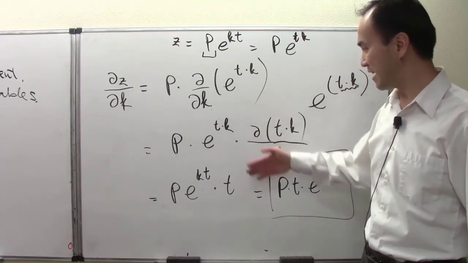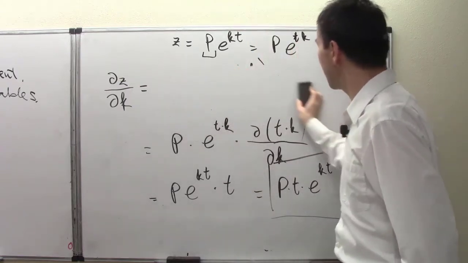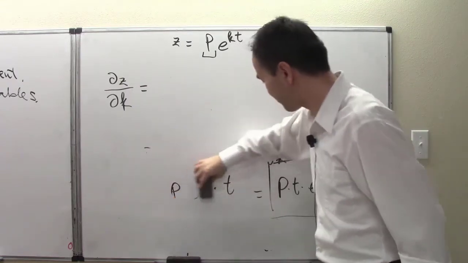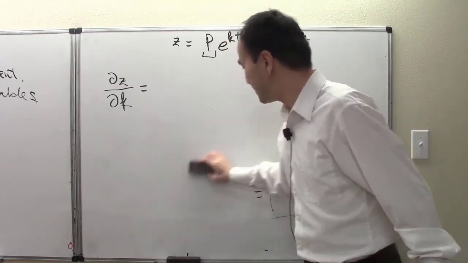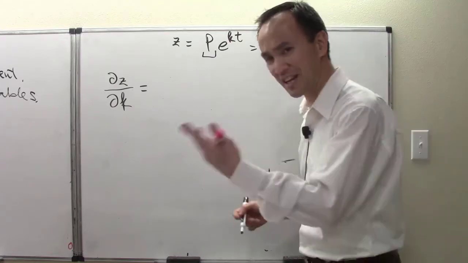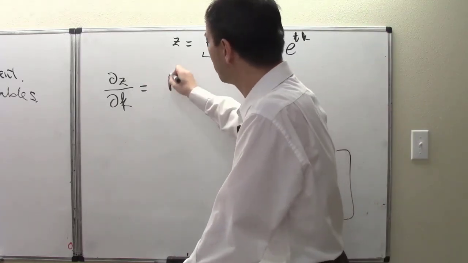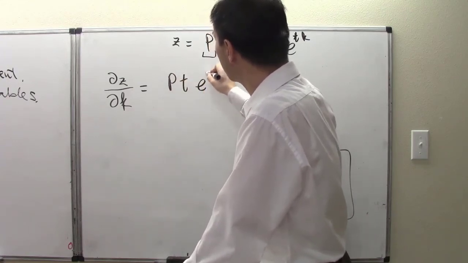All right, so now I'm going to erase this work right here and write down the final conclusion. That's because I need more space on this board for another partial derivative. So just now we found dz dk, so that was p times t times e to the kt.